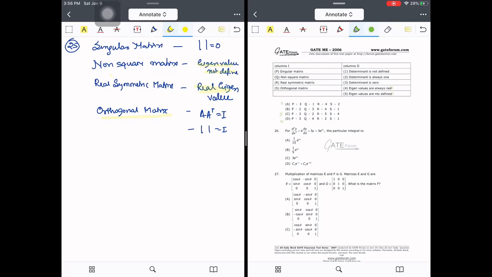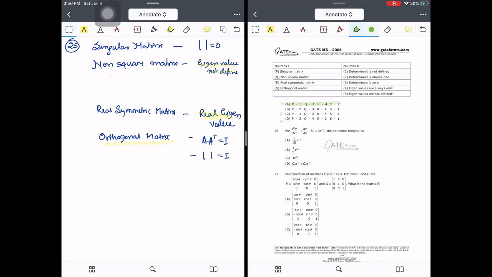Real matrix, eigenvalue always real, R is 4. Okay, so in a non-square matrix also determinant is not defined. That is also correct, and eigenvalue is also not defined. So I think option A will be correct.